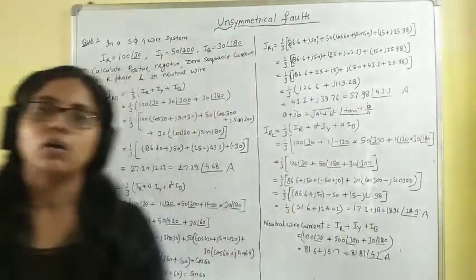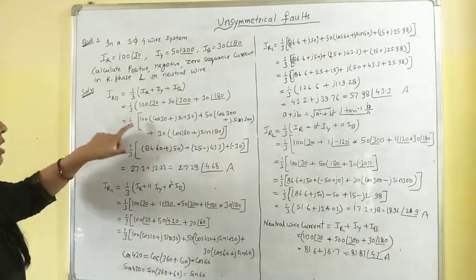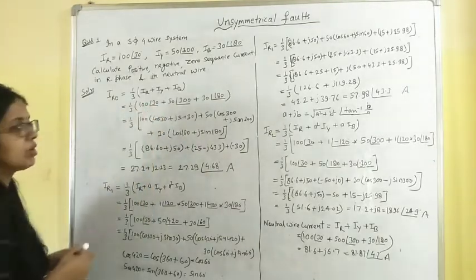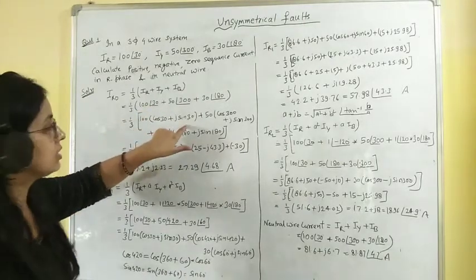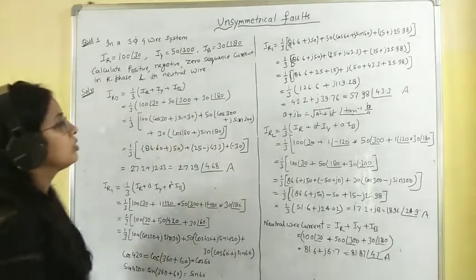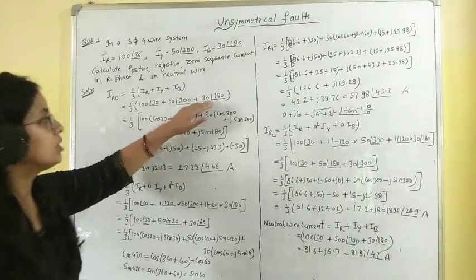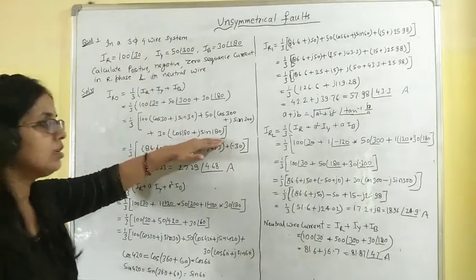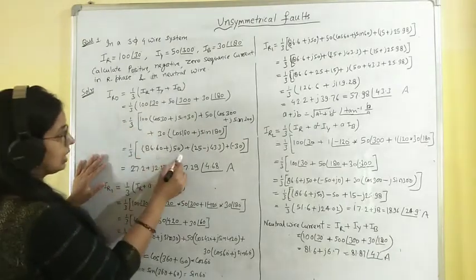But if you don't, you have to convert the polar form to rectangular form as cos 30 degree plus j sin 30 degree. It is 350 plus 50 angle 300, so you write it as cos 300 plus j sin 300. For 30 angle 180 degree, you write 30 cos 180 plus j sin 180 degree. After solving this, we get these values.